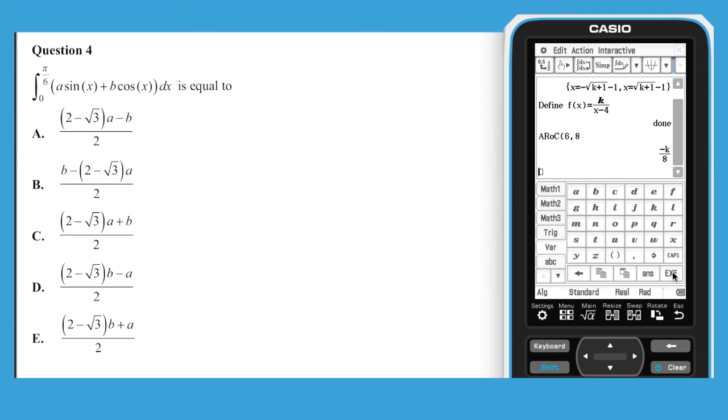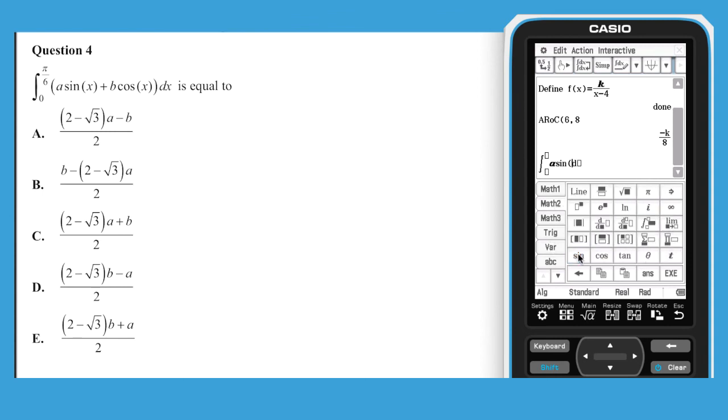Question 4. This definite integral can be evaluated on our ClassPad. The output is not in a form that corresponds to any of the answers given.